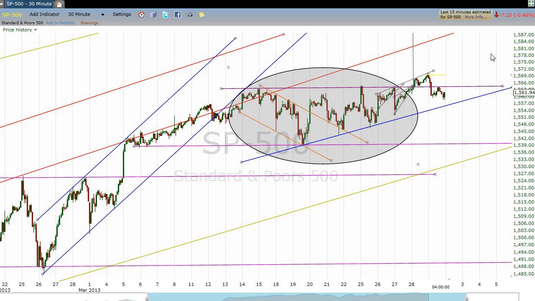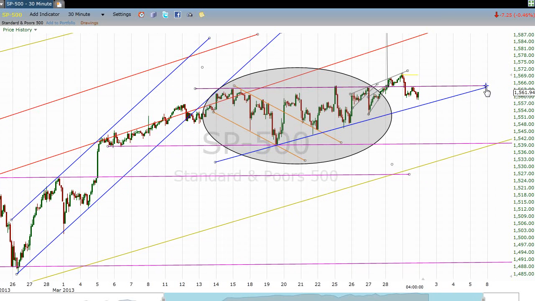of Wednesday of last week, and that is underneath this 1565 line again, and eyeing this rising support line that will pinch the S&P in, without a doubt, in 4 days. What I mean by that is we have a destiny to be either above or below this pattern in about 4 days, because this is where these two lines meet.